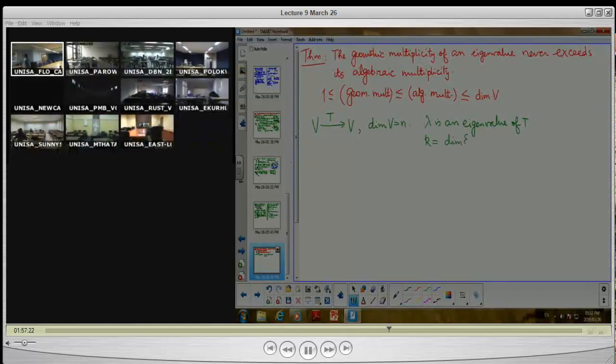It has a non-zero vector there. So it's at least one dimensional and it is at most n. Okay? Now take a basis.